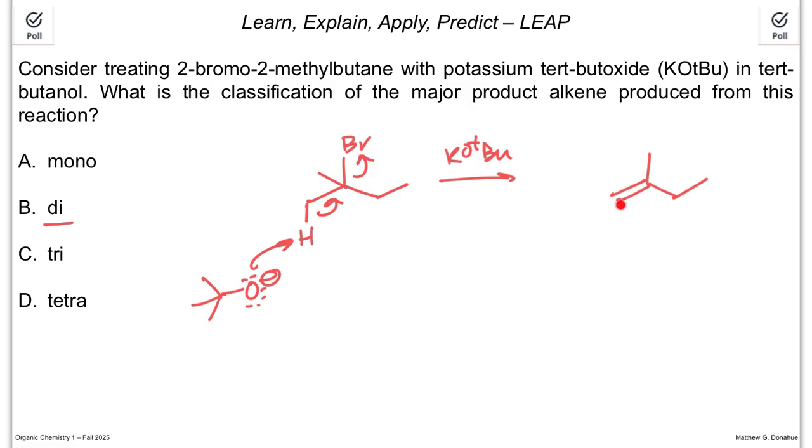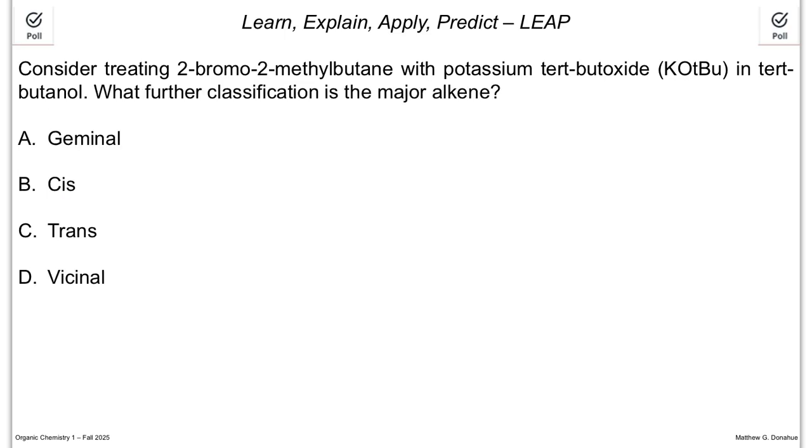So again, of the two sp2 hybridized carbons, you're counting the carbon substituents. So you have 1 and 2. 1 and 2. So of that product, what's a further classification of it?